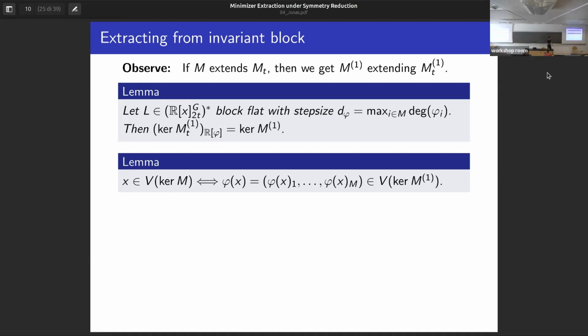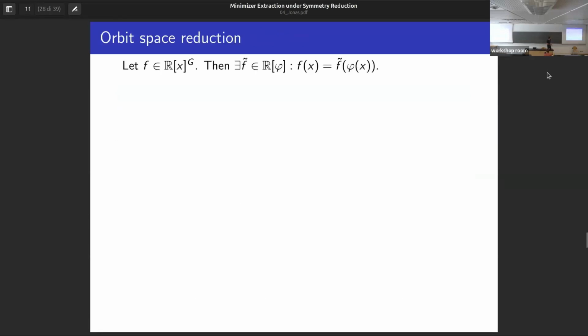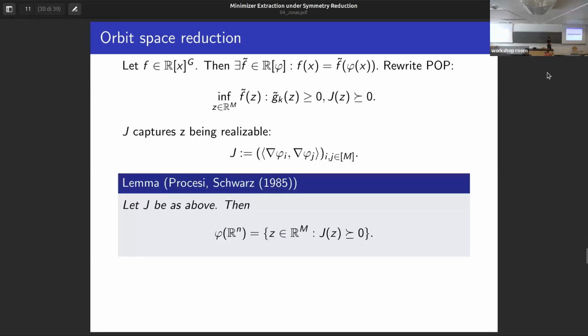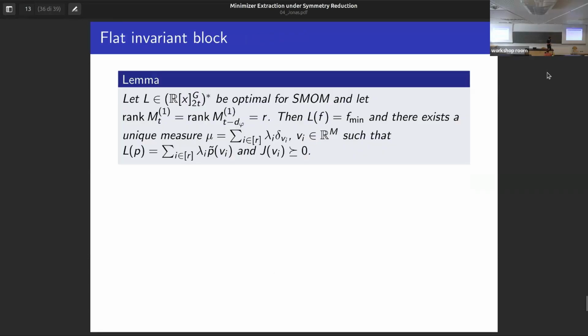Okay, and then let me try to jump to the conclusion of what I wanted to say. Unfortunately, I will now have to skip over the orbit space reduction. But let me just try to convey the following lemma. If we can extract now on the invariant block, you could also ask the question, what if we do not have block flatness, but we only have flatness in the invariant block? Then do we still get some guarantees, or what are we even extracting?